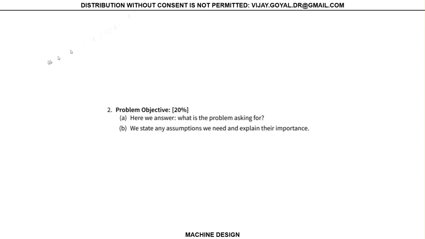Okay, so let's suppose in this particular problem, we can make a couple of assumptions. First of all, we can assume it's a constant cross-section. So you can assume the section is constant. These are assumptions, by the way.